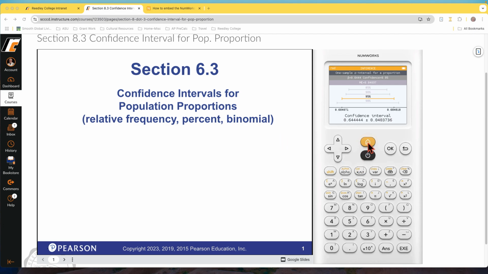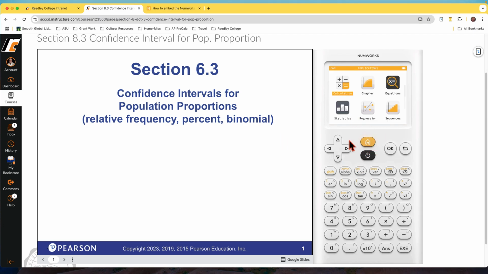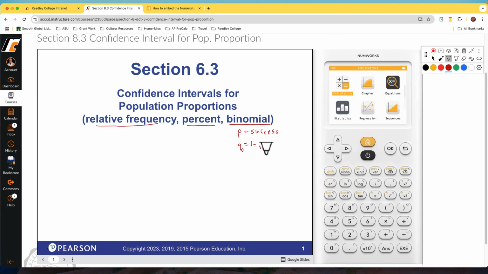We're going to be looking at confidence intervals for population proportions. What we want to think about is that we're looking at relative frequencies, percents, and remember binomial probabilities, where there's a percent success and there would be a percent failure, which is always 1 minus p, right?